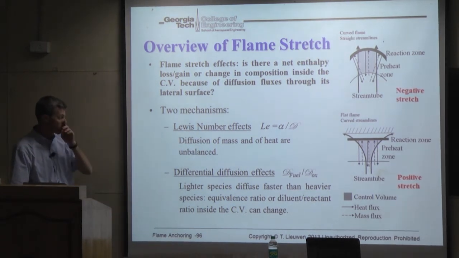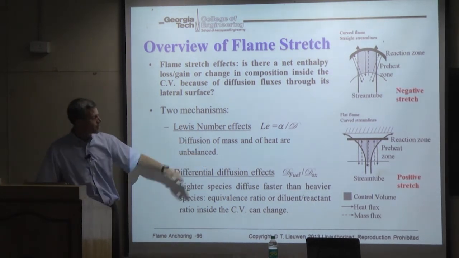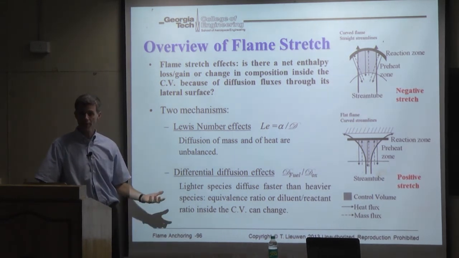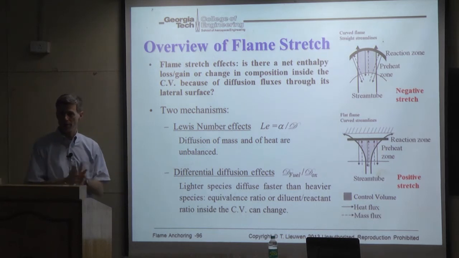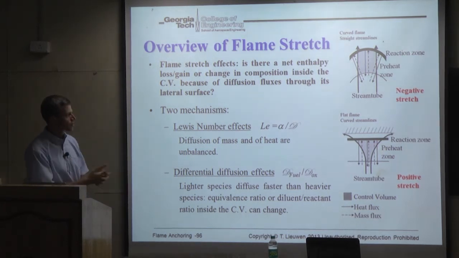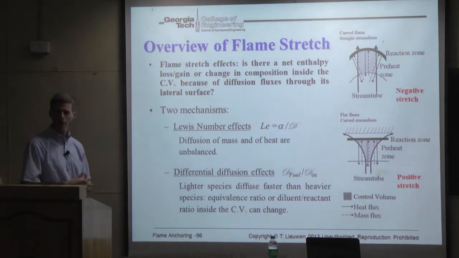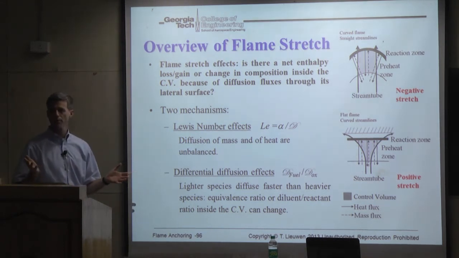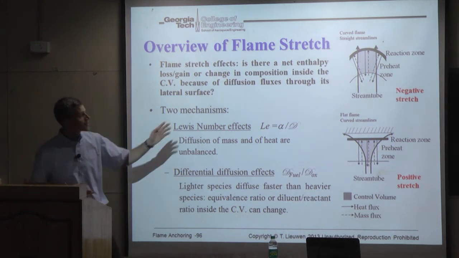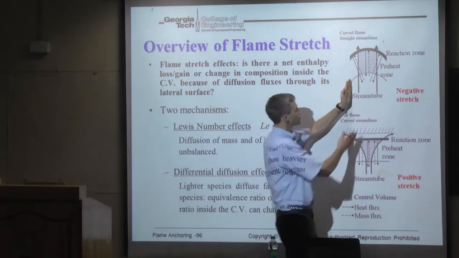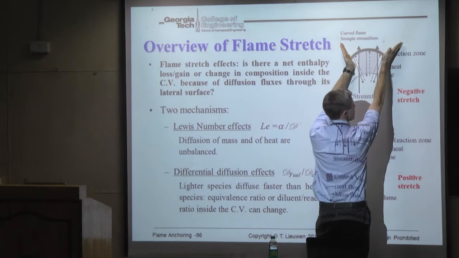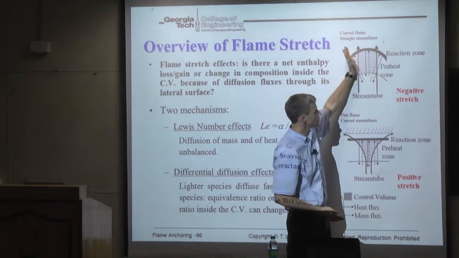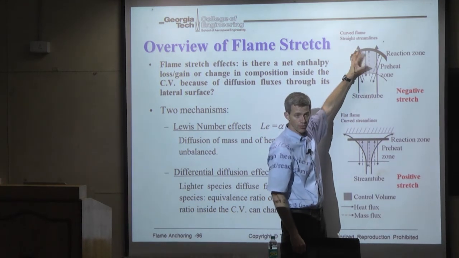The other is the differential diffusion effect: if the diffusivities of your species are different from each other, they're going to be diffusing at different rates, right? So in the example I just gave you of hydrogen and oxygen, since the hydrogen is much more diffusive than oxygen, in this configuration the fuel is going to be diffusing in that direction, so you're going to be losing hydrogen at a faster rate than you're losing oxygen.